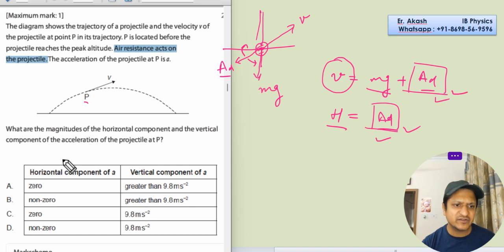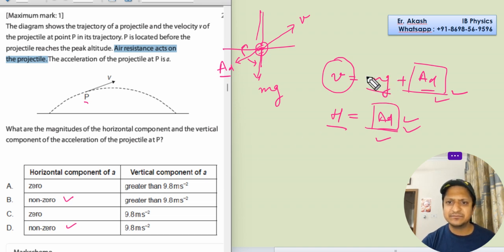So is the horizontal component of a 0? No, it's not 0. It is non-zero. Yes, of course, because there is a little drag force to take into account. Non-zero and non-zero, so B and D can be right. The vertical component of a is mg plus the drag force.